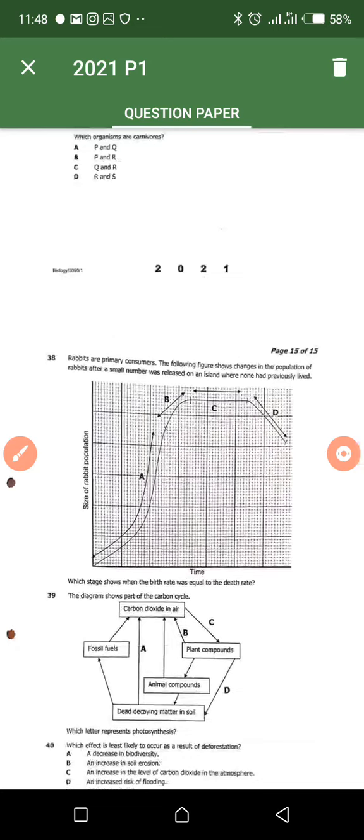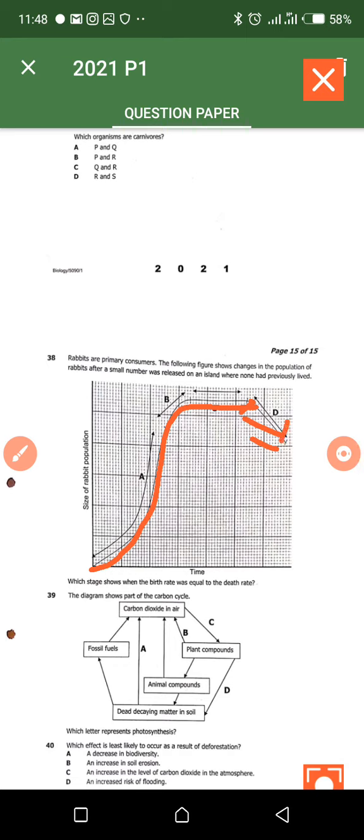This is a population graph. So rabbits are a primary consumer. The following figure shows changes in the population of rabbits after a small number was released on an island when none had previously lived. So okay, what can we see? From here the population is increasing, and then here it becomes constant, and then the population starts decreasing.